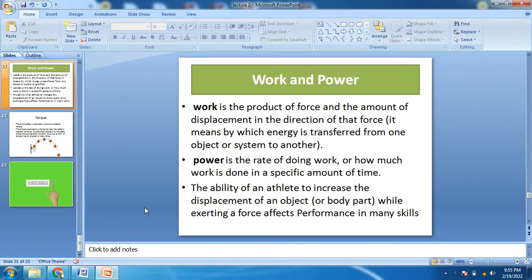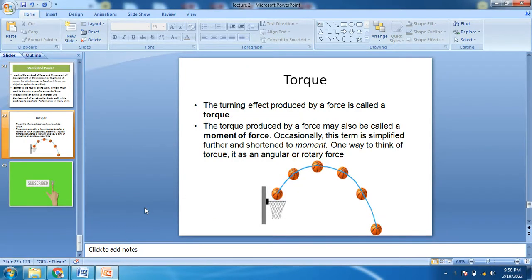Power is the rate of doing work, how much work is done in a specific amount of time. The ability of an athlete to increase the displacement of an object or body part while exerting a force affects performance in many skills.